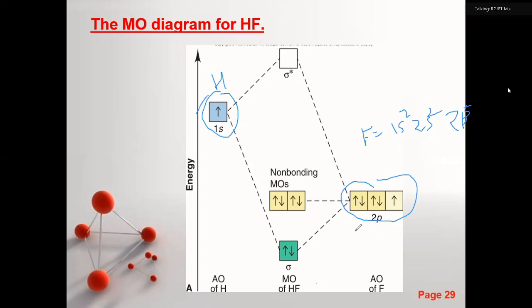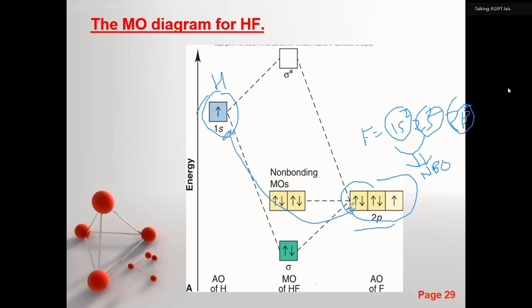The 1s and 2s do not participate in bonding. That's why they come in non-bonding orbital. And these p and s have comparable energy.